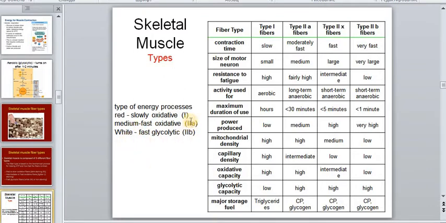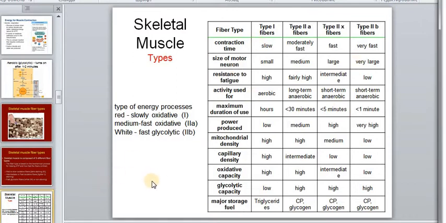You see a special sign for these fiber types, and you see different capacity for these fibers on the table.